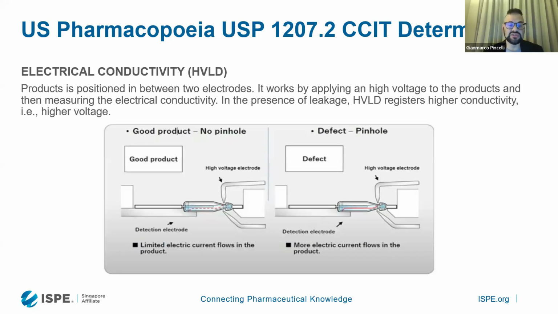So you have a different behavior, different absorption of the current by the product. The product is less insulated if there is a pinhole. Then you can reject the product that has low absorption of the current. So this is basically the physics of the technology.